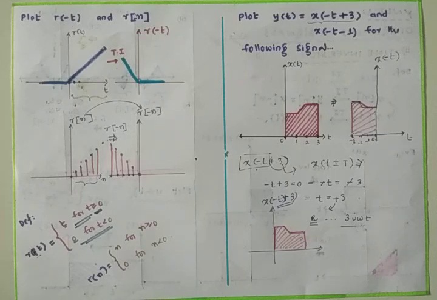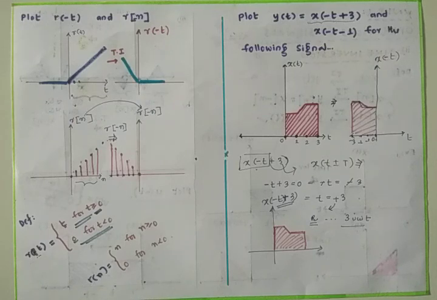So students, I am giving you a question: plot x of minus t minus 1 for the following signal. This is the following signal. For this, first you have to plot x of minus t. That means you have to apply the time inversion operation on x of t, and after that apply the time shifting operation on x of minus t.